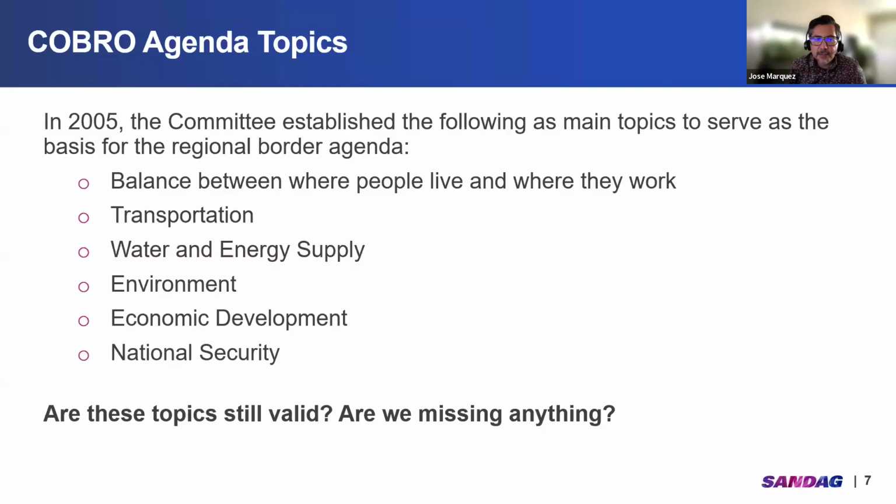How is that going to disrupt the border? I know it's important to talk about national security, but also emergencies, and how do we deal with and coordinate these types of emergencies? I don't think we have done a good job on that.